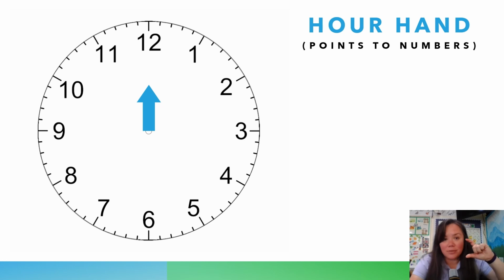It points to the numbers on the inner circle because it's telling us what hour it is, okay? So you just have to look at what number it's pointing to and you'll know what hour it is in the day. I compare this little guy to a short guy running, okay? He's not very fast, he's little, but he's doing his best there, okay? So the hour hand runs, but he runs really short.